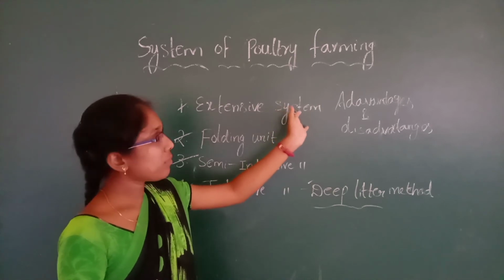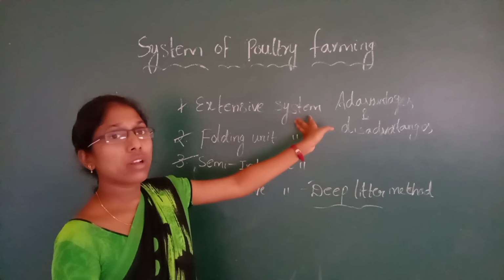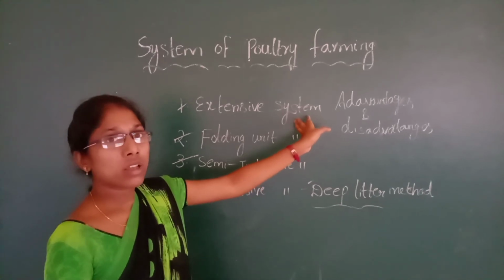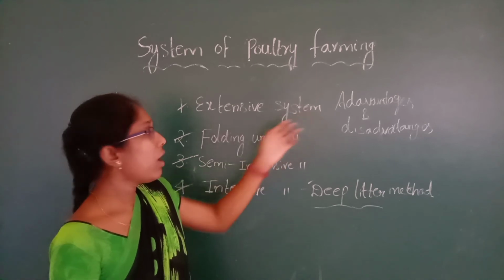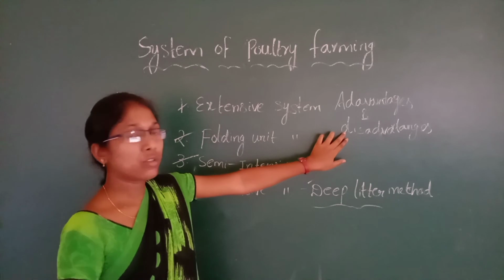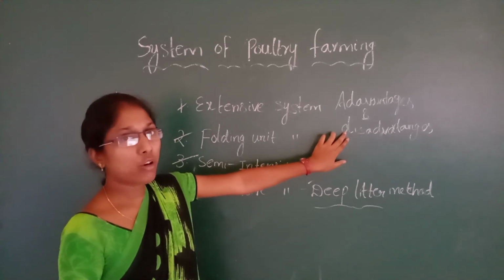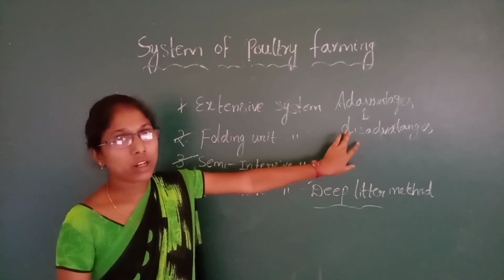Since they eat natural food outside, they do not have nutritional deficiencies. Coming to disadvantages, it is difficult to control the birds, there is loss of eggs, and it is difficult to protect them from predators.